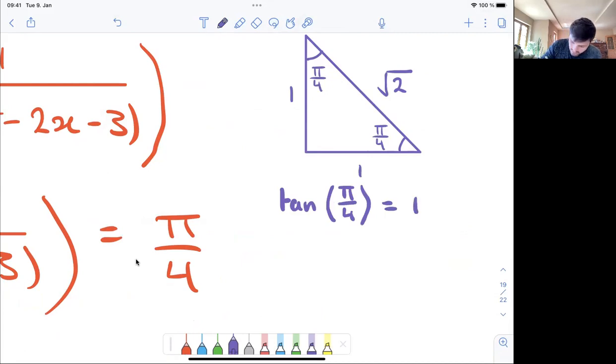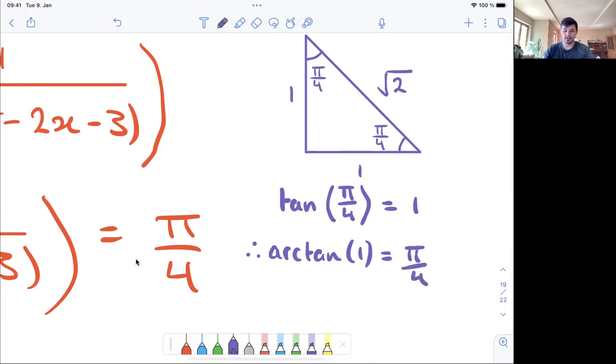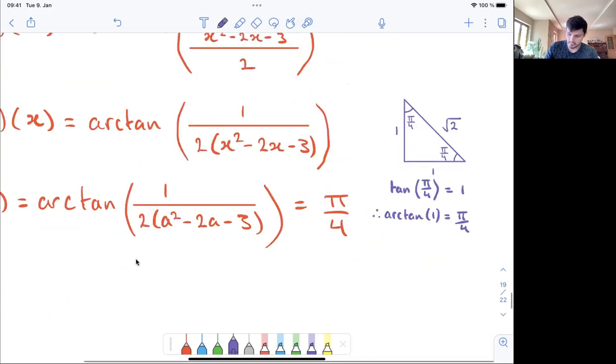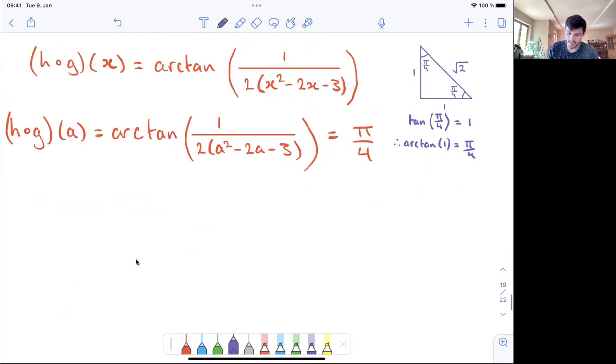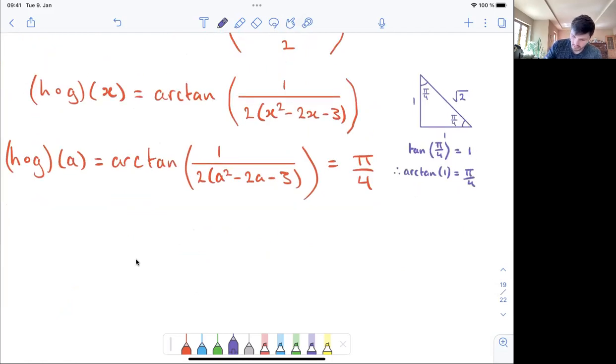Okay, so then that basically means, therefore, arctan of 1 will equal pi over 4. All right, so therefore we can use that information and say that the expression in here is going to have to equal 1. All right, so let's put a green underline and we'll say this is going to have to equal 1.